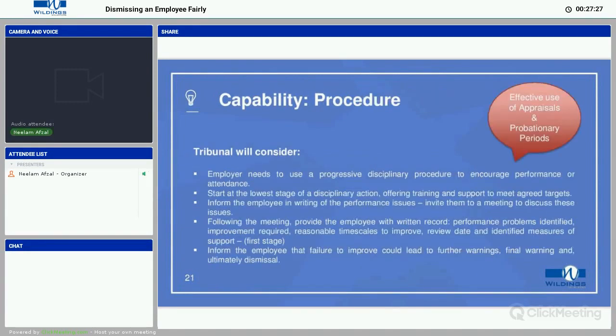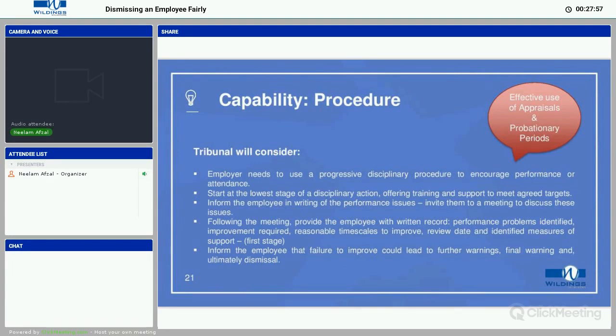Now, moving on to the procedure for capability, I would recommend that you have a progressive disciplinary procedure to encourage improvement. Start at the lowest stage of disciplinary action, offer training and support, and help the employee to meet the agreed targets, and if they don't, then obviously it will ultimately lead to a dismissal. Produce evidence of poor performance, conduct a proper investigation and appraisal, and identify the problem. Inform the employee of his or her right to be accompanied to meetings.